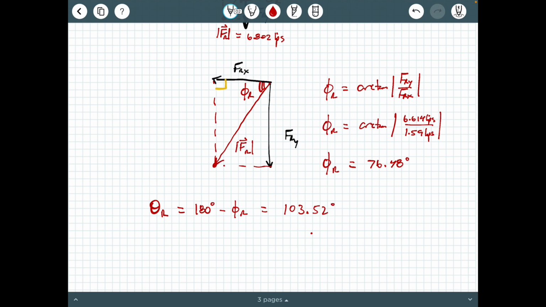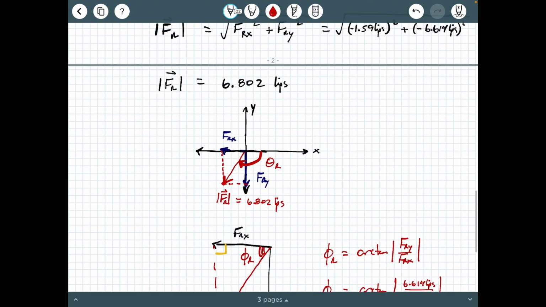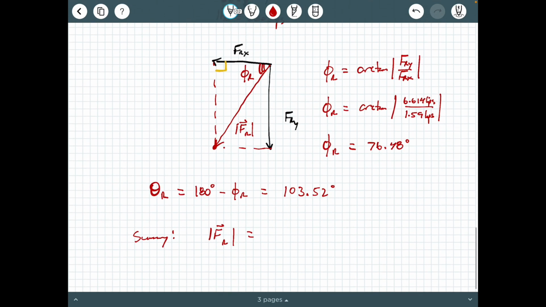So you want to make a summary, and you want to box this in with a straight edge. So your final answer, the summary: the magnitude of F sub r is equal to 6.802 kips, and then theta sub r is 103.52 degrees, and box that in with a straight edge.